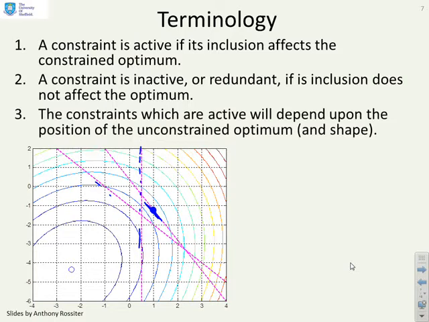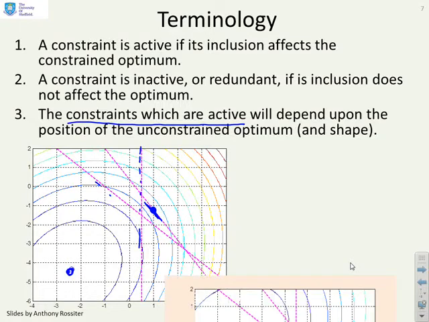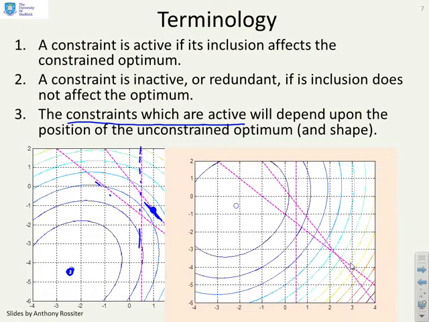Now here's the key thing: the constraints which are active will depend upon the position of the unconstrained optimum, that's this bit here, and also of course on the shape of these contours. So what I've done here is I've moved the centre. You'll see the centre is now moved to here, and if I now ask myself where is the unconstrained optimum, in this particular case you're going to come up with it somewhere around here.